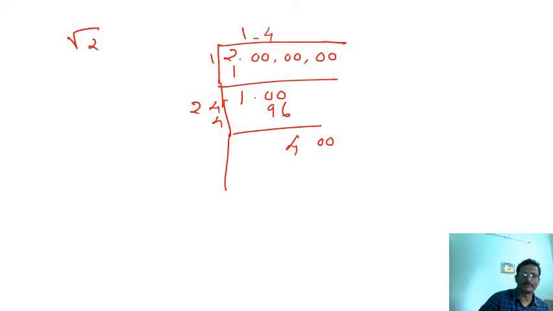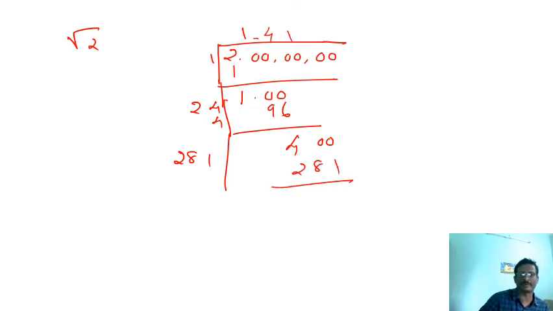Now 1.4, 14 doubled is 28. Here you have to write the same number. If 281, 281 into 1 is 281; 282 into 2 is more than 500, so you can write maximum 1 only. So 1.414, and 281.